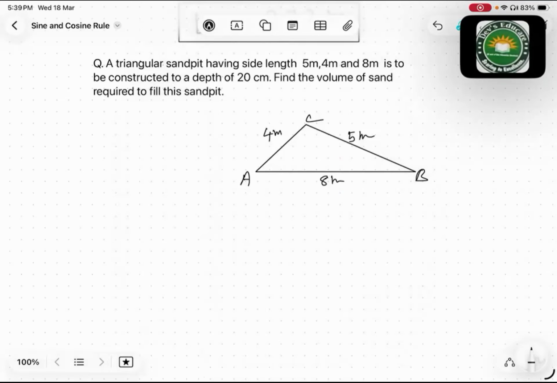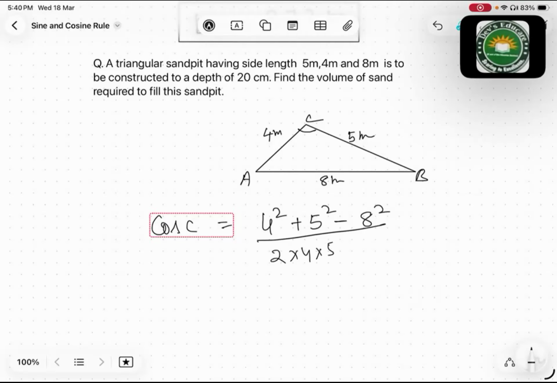So using the cosine rule, let's say we are considering this angle, cos C. This will be 4 square plus 5 square minus 8 square over 2 into 4 into 5. So this will be 16 plus 25 minus 64 divided by 2 times 4 is 8 times 5 is 40.